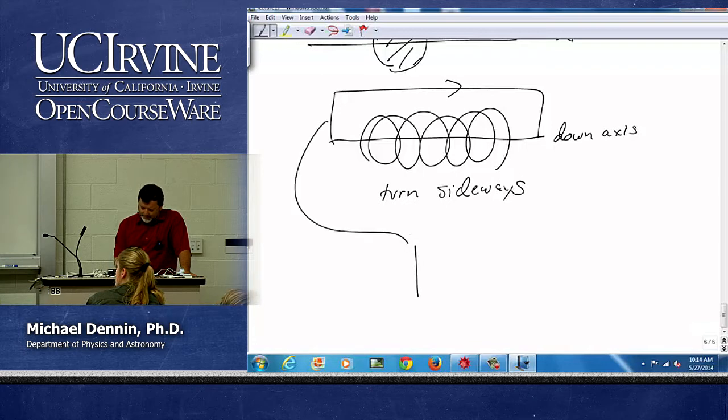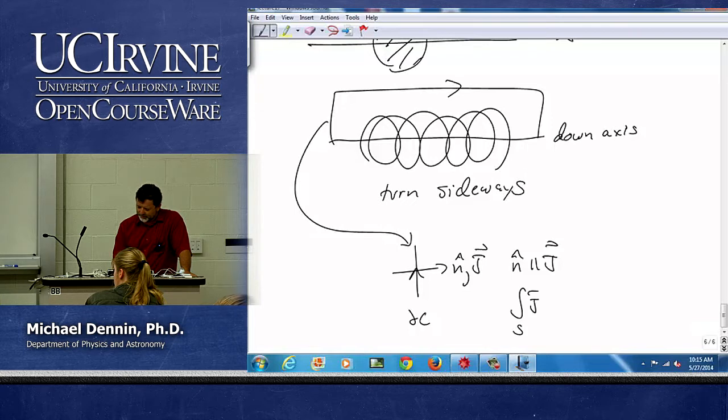If this is this piece of my line that I'm drawing, then the current is coming through it like that. And n hat is parallel to J, which makes my integral over the surface of J dot n hat dS easy to do.